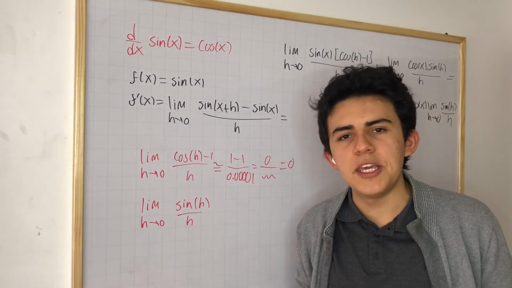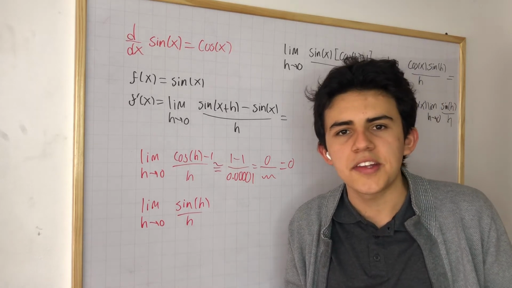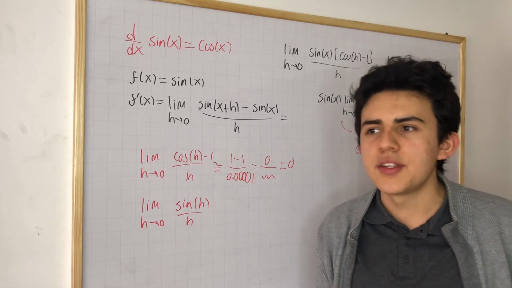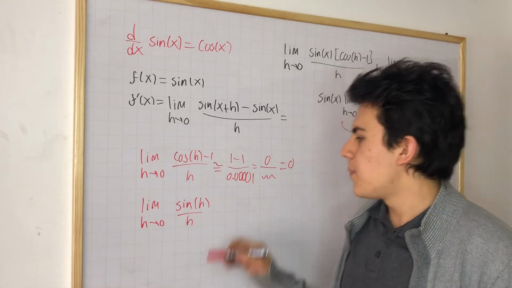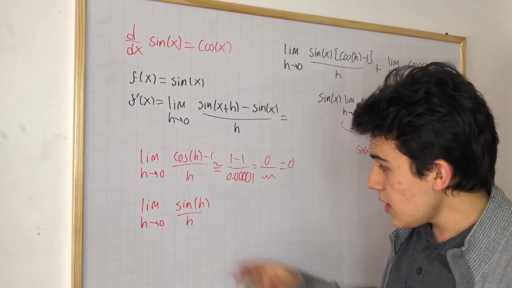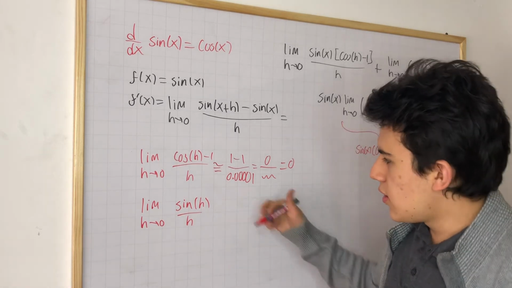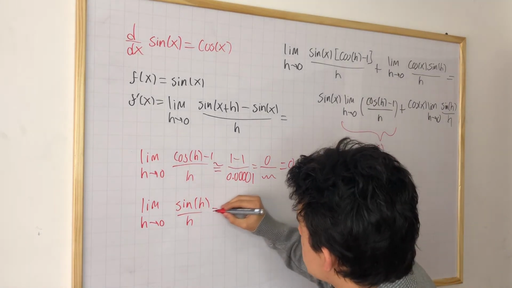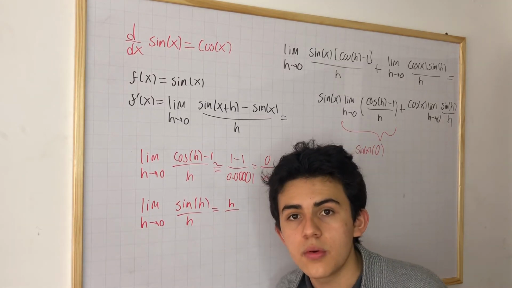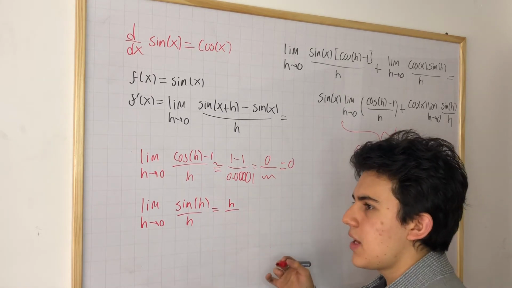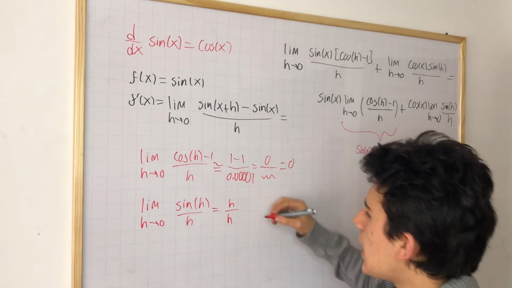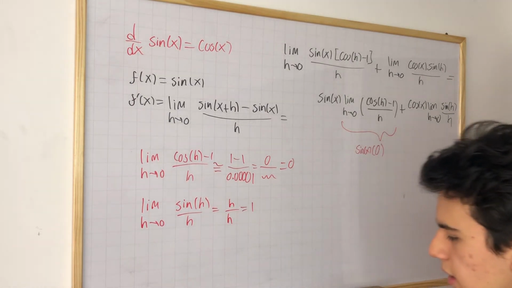Now you may have seen a meme, maybe on Twitter, for example, or maybe even on YouTube, and is that basically sine of any small number is going to be that small number. So sine of h, if h is a very small number, is just simply going to be h, okay? And now if we have h over h, and h is approaching 0, it's going to be that same number on the top, so you basically have h over h, and this limit is just simply going to be 1, okay?